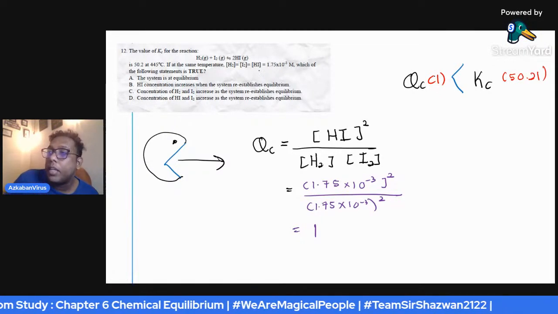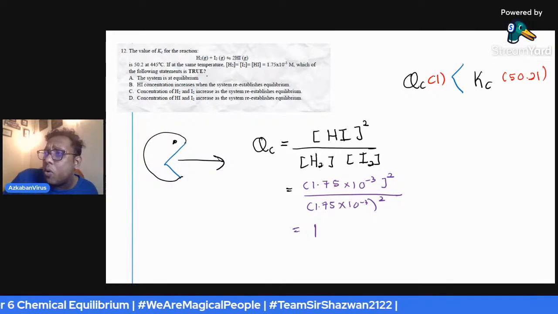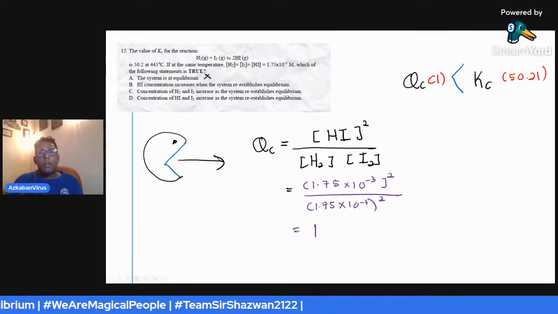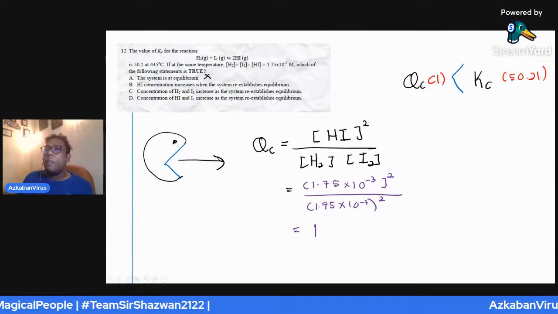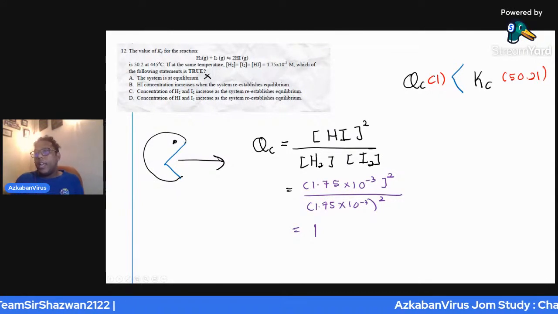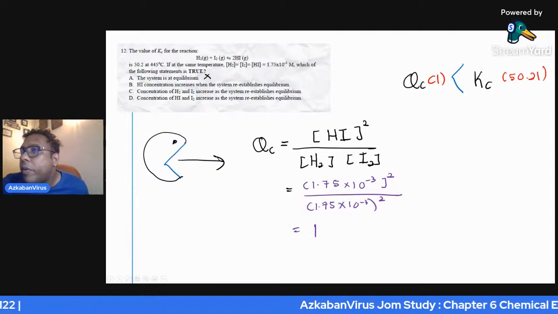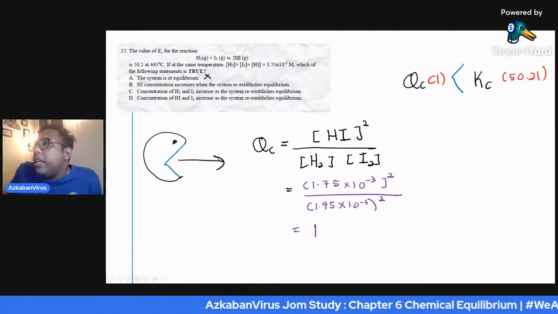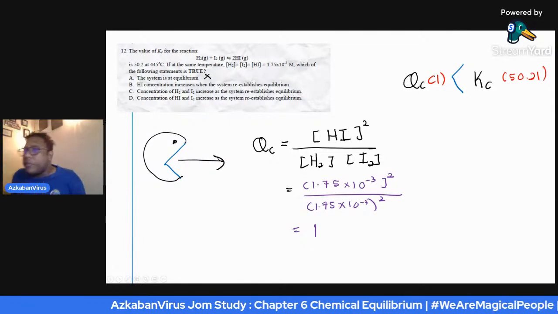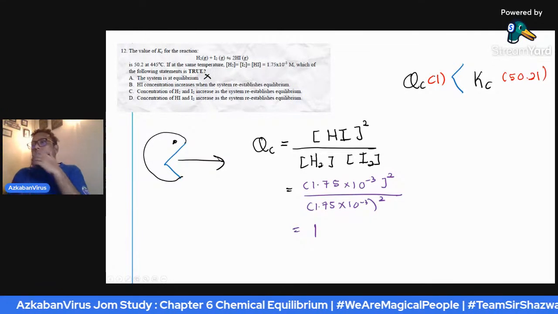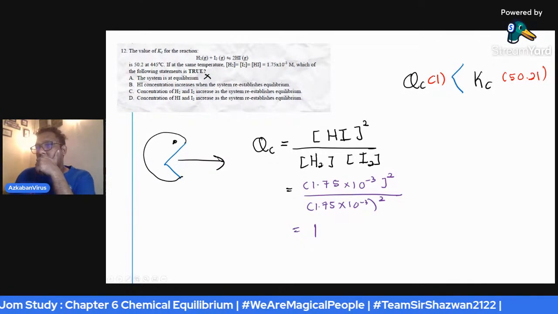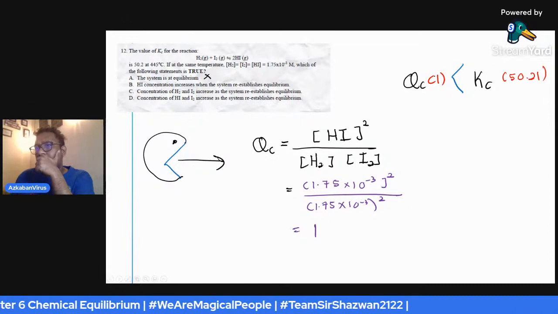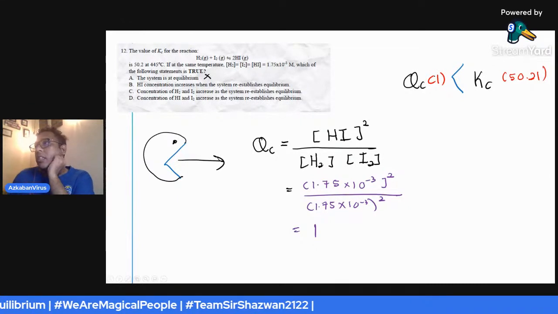So kita tengok sekarang. A. The system is at equilibrium. No. The system is at equilibrium bila QC is equal to KC. Concentration of HI increases when equilibrium is established. Ini betul. Next, concentration of H2 and I2 increases.